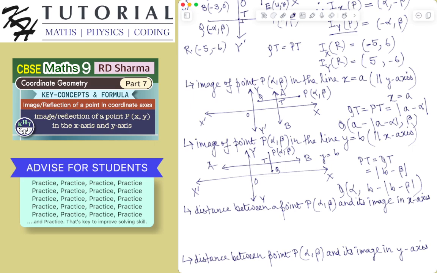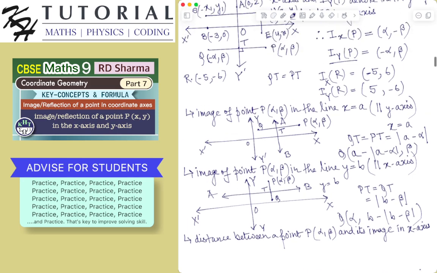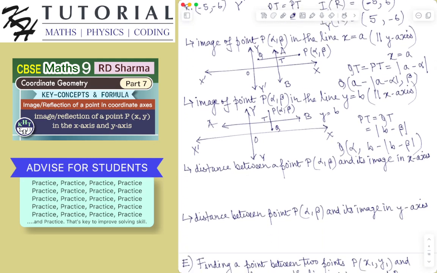Okay. Now that we have understood how to find the image of a point in the x-axis or y-axis, let's say, how do we find the distance between a point, let's say alpha comma beta, and its image in the x-axis?